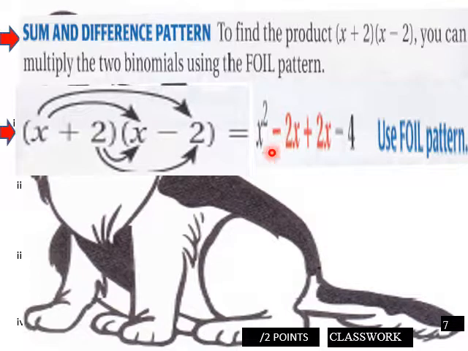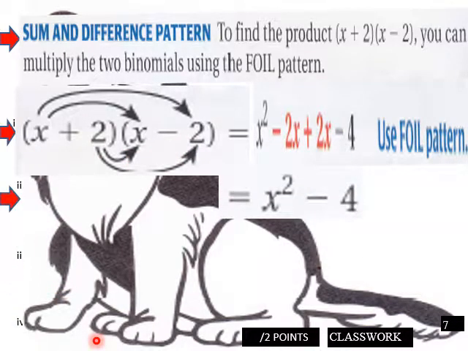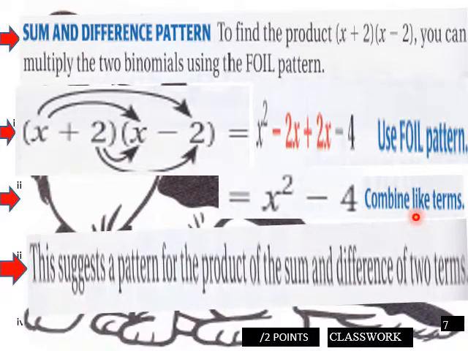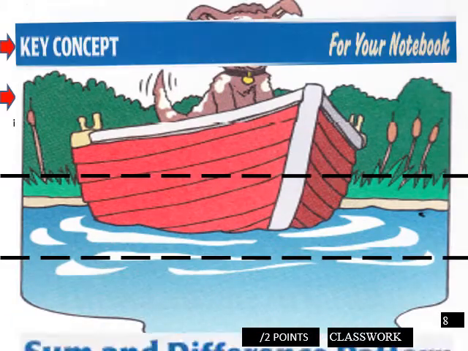Fleshed out, that's x squared minus 2x plus 2x minus 4. When we combine like terms, we get x squared minus 4. This is a pattern for the product of the sum and difference of two terms.